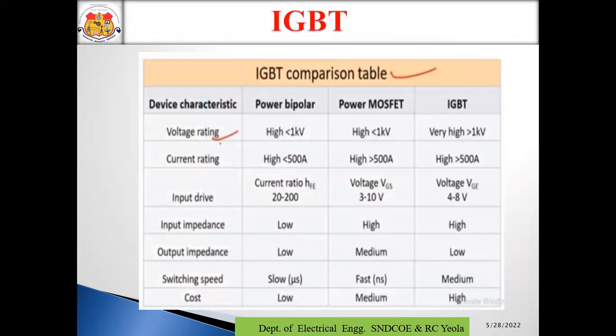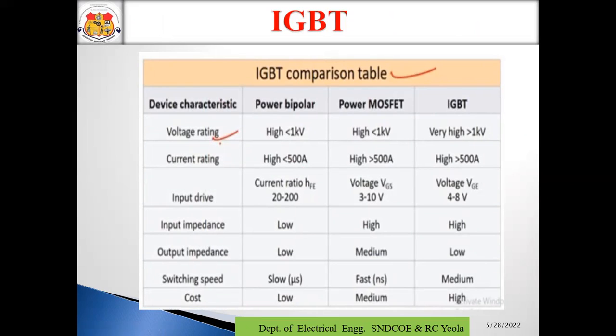Okay. Now if you look here at the comparison table, you can see the device characteristics of power bipolar, MOSFET and IGBT. Here you can see the voltage rating is high, less than 1 kV, very high, it is 1 kV. So these are the advantages of the IGBT: a high voltage rating and a high current rating.